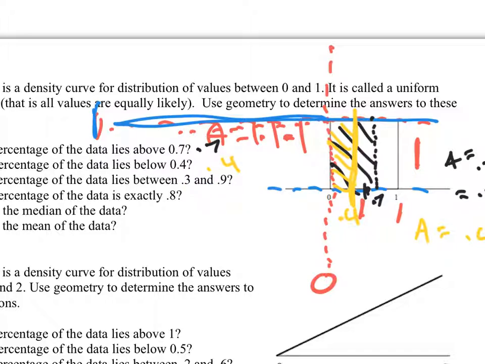What's the area that lies between 0.3 and 0.9? All right, now I've already written a lot on top of this, so I think I'm forced to clean it up a bit and do my area between 0.3, I'll call that right here, 0.3, and 0.9 is almost all the way over here, isn't it? 0.9.